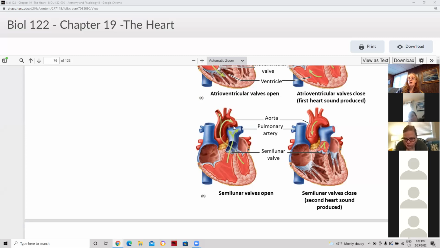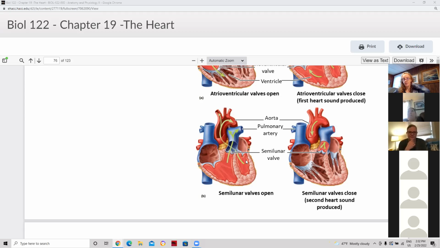The pressure is going to be less in the ventricles than it is in the pulmonary trunk and the aorta, and the result is that the blood is going to try to flow back and fill up those valves and close them. Does that make sense? Yeah, I was going from my head, I needed to talk it through.